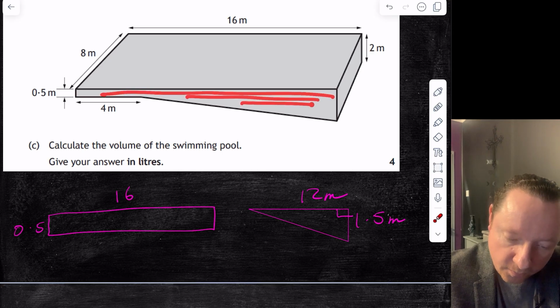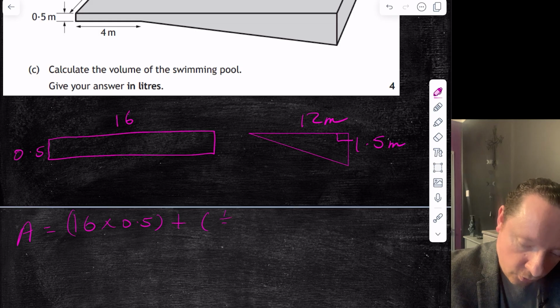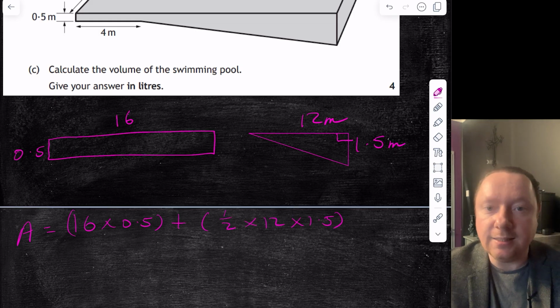And to get the volume of a prism, you just times by the depth. So let's do our area. 16 times 0.5 plus a half of 12 times 1.5, because the area of a triangle is half the base times the height.